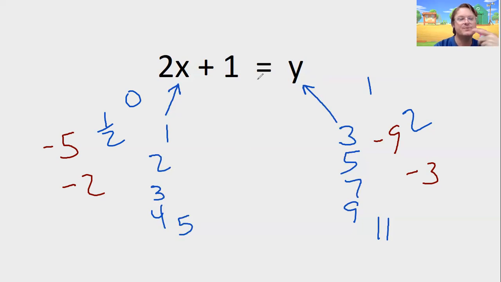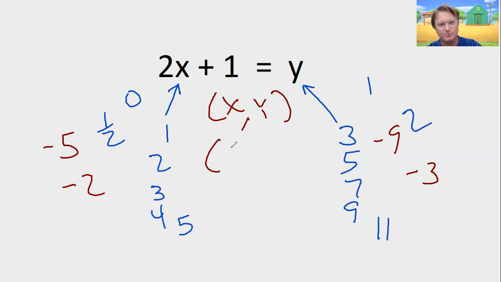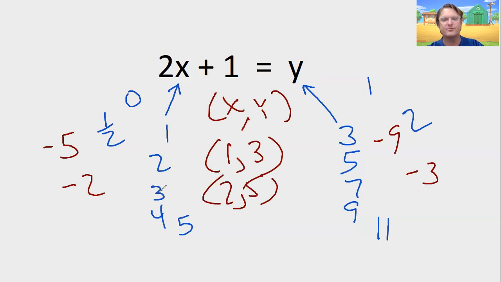As you'll see on the next page, this x and this y follow the form of an ordered pair, right? Does that look familiar? Let's say (1, 3), (2, 5), (3, 7). 3 for x, y is 7.